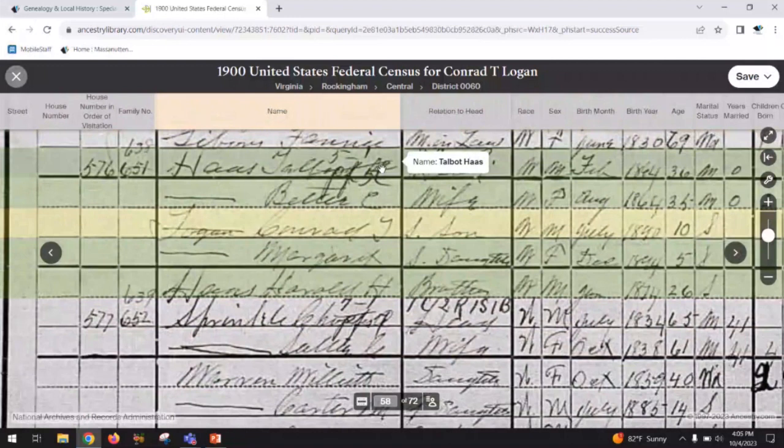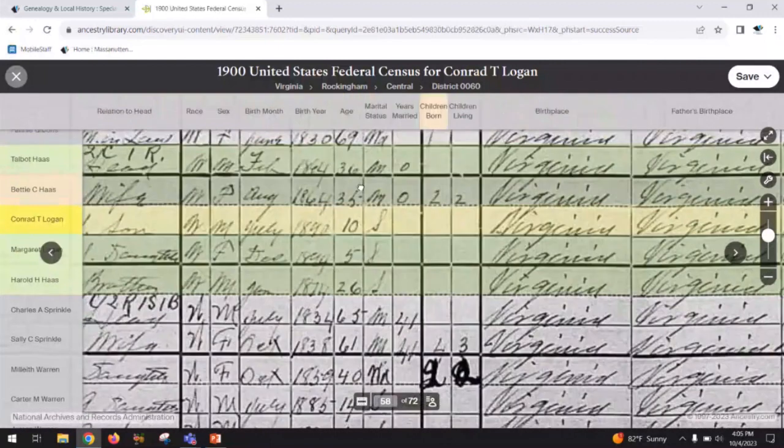So it's probably safe to assume that Mr. Haas had an important role in his stepson's life. You know, he married Conrad Logan's mother when he was about 10 years old. So he was probably like a father figure, just from looking at those family names. Maybe that's not true, but from what we can put together from the records, we can make that picture in our heads.